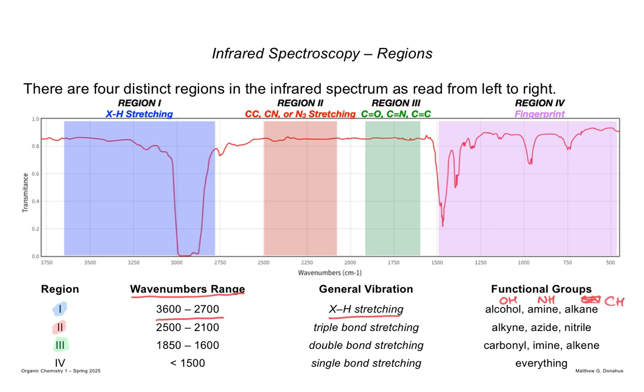It says alkane, but alkene and alkynes occur there as well. Every molecule we've seen so far has CH, so you're always going to see something there. So it's really not terribly useful. Region 2 was 2500 to 2100. That was our triple bond groups: alkyne, azide, and nitrile.